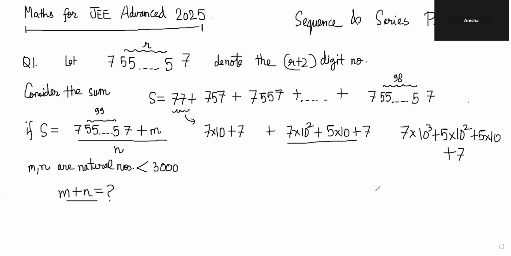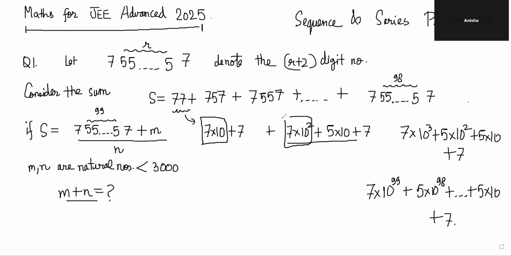The last term is a 100-digit term, so 7 into 10 power 99 plus 5 into 10 power 98, and so on till 5 into 10 plus 7. So 7 into 10 type of terms are there till here.